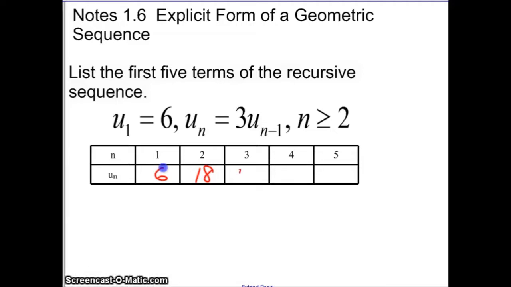It's 54. 54 times 3 is 162. 162 times 3 is 486. All right, so we've used a recursive formula to find the first 5 terms of this geometric sequence.